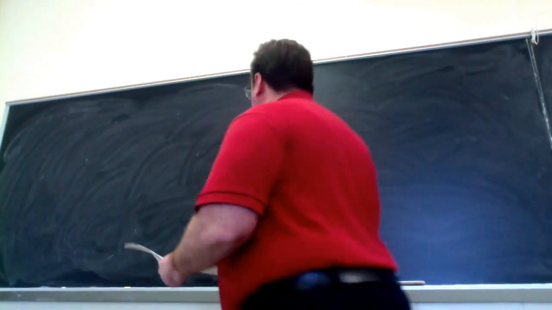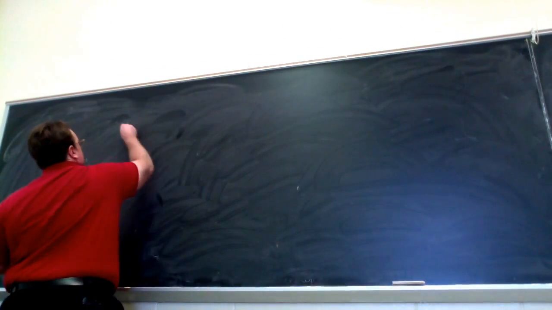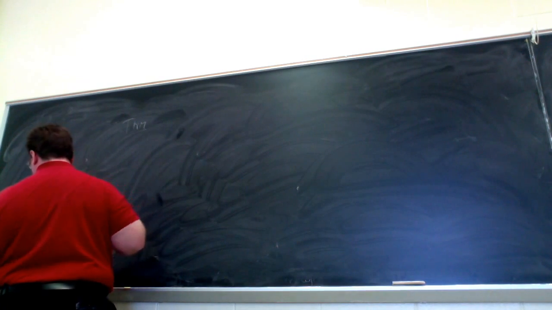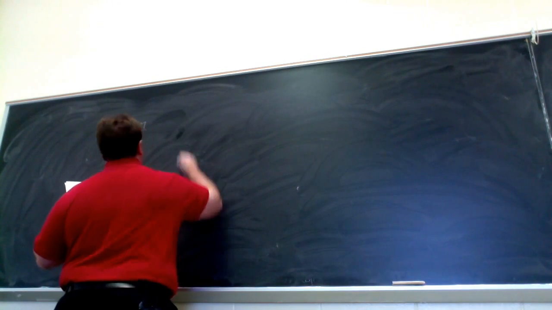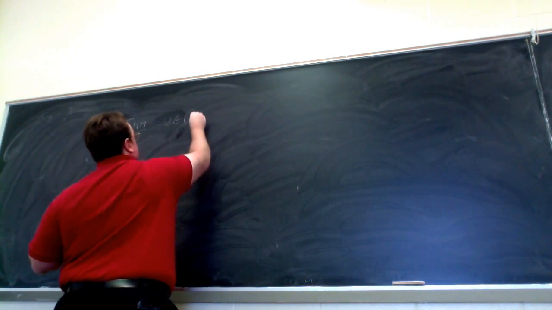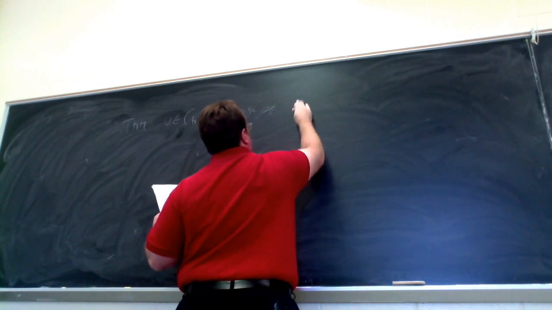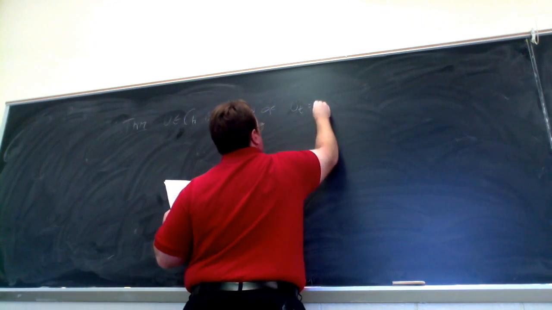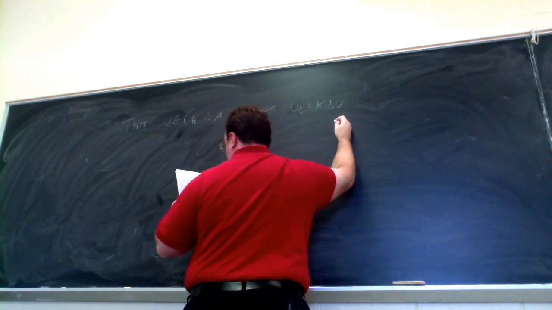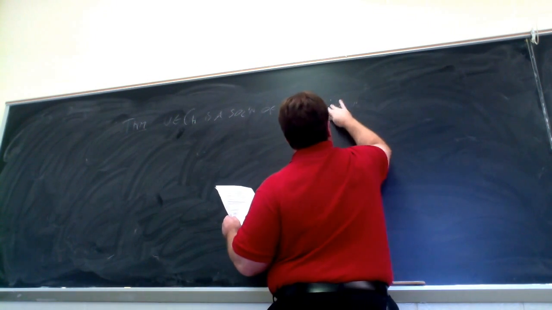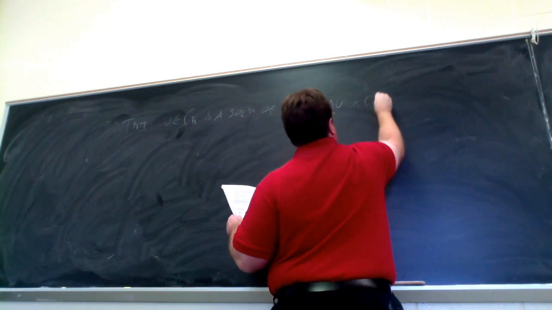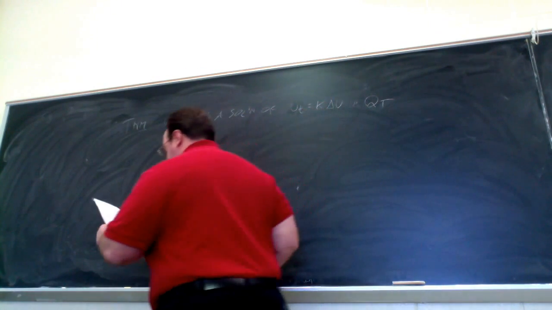Okay. So now for the first theorem that follows from this. Let's suppose that u in this function space is a solution of the heat equation in this domain Q_T.